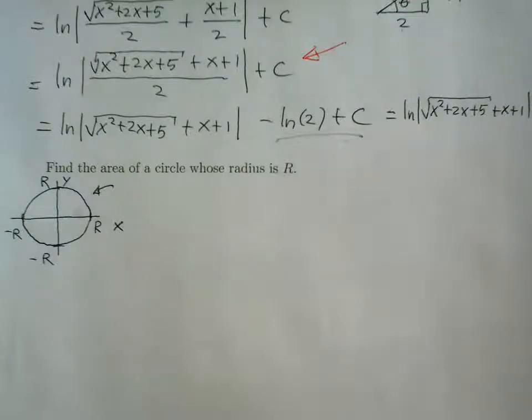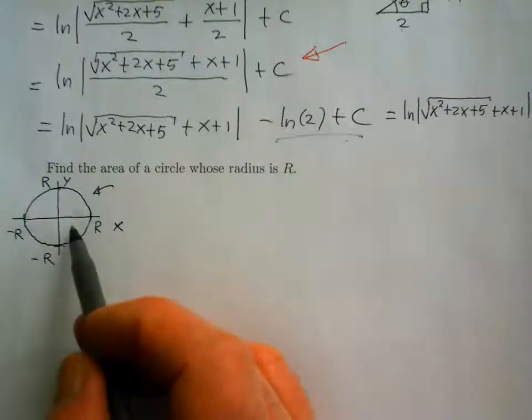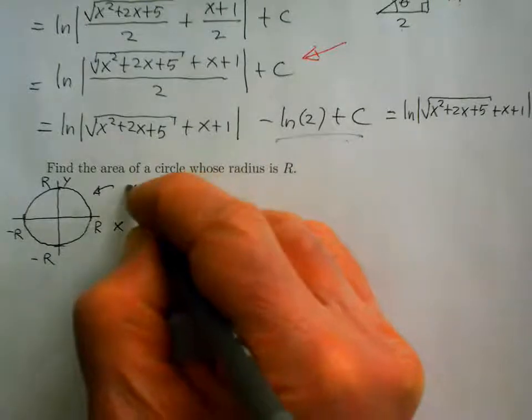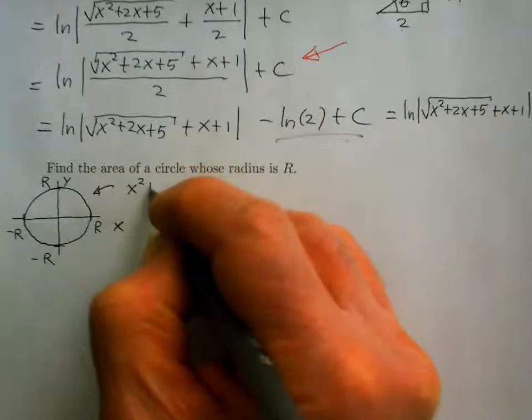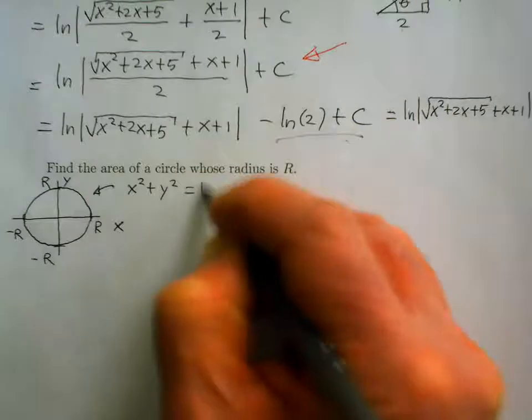So if you remember back from intermediate algebra, you learned equations of circles in that class, if you took that class. Okay, the standard equation for this circle is x squared plus y squared equals capital R squared.